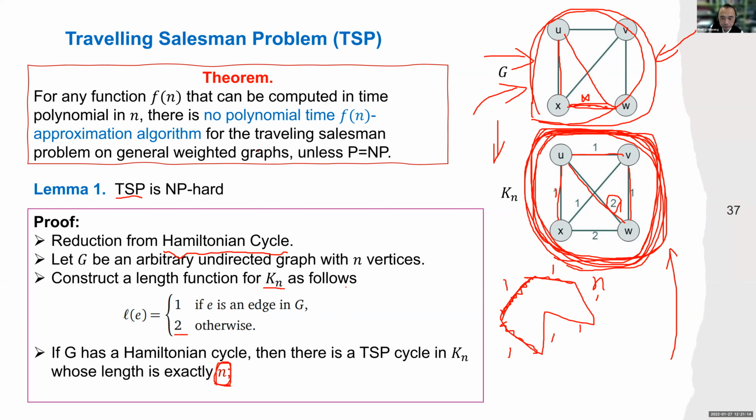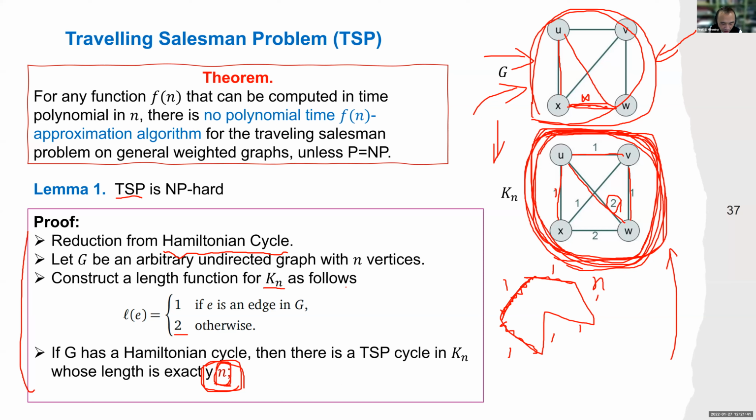Okay, so now we are proving this TSP is as hard as Hamiltonian cycle. If you can solve TSP such that you know the minimum length, then I can immediately conclude whether your original graph has a Hamiltonian cycle. Because if my solution is n, then I can tell you your original graph has a Hamiltonian cycle.